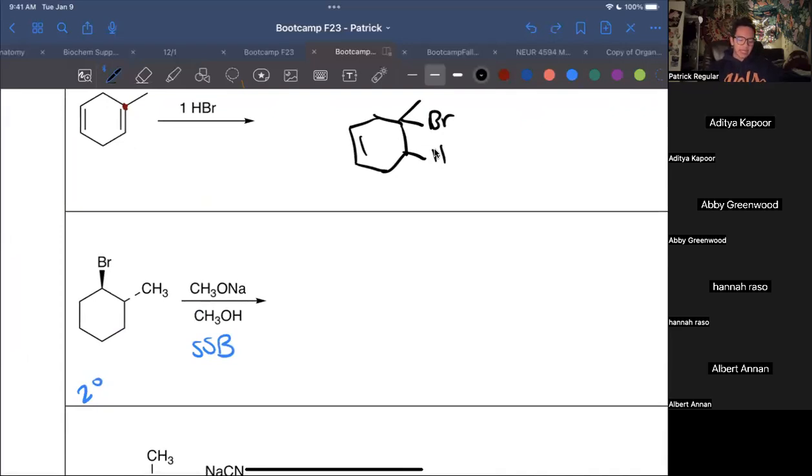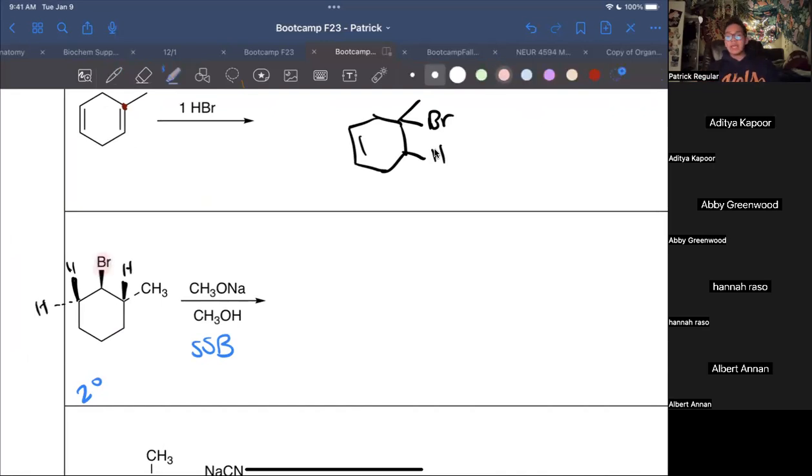You have to look for anti-periplanar hydrogens. Well, if this is on a wedge, you need a dashed hydrogen. This is the only hydrogen that fits the bill. Not this one, not this one. Those are not anti-periplanar. This is the only direction you can go. So your only answer can only be this. Okay?